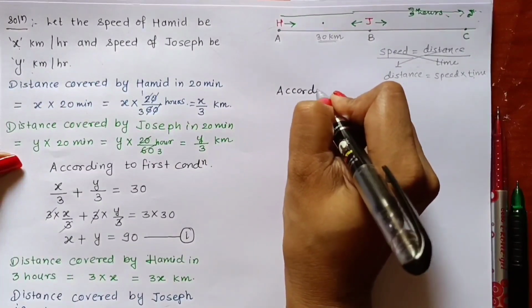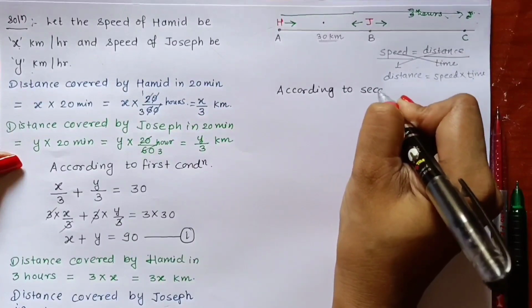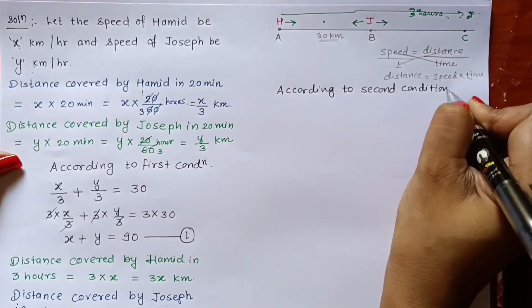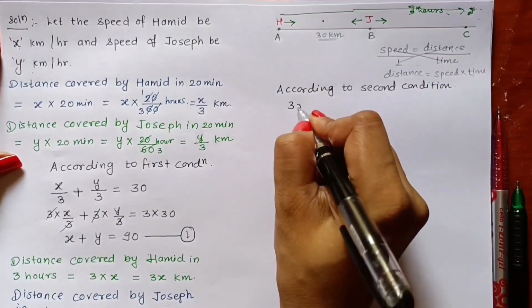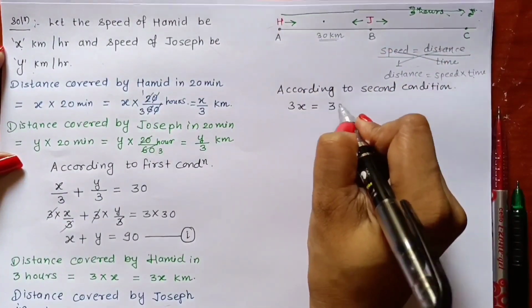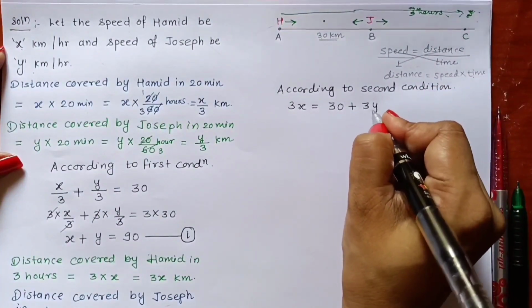According to the second condition, Hamid's distance, that is 3x, is equal to 30 kilometer plus Joseph's distance, which is 3y.